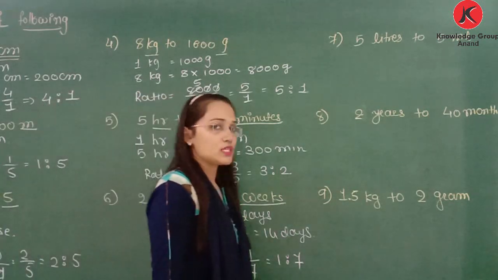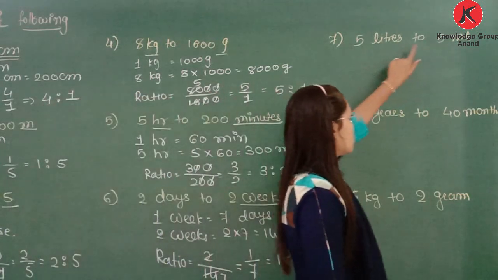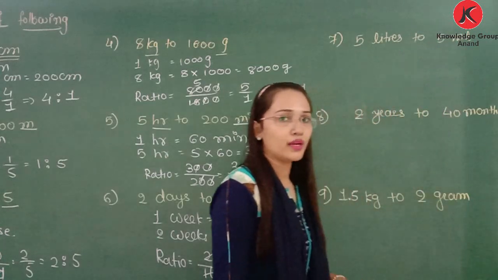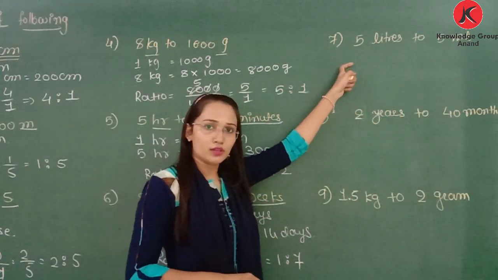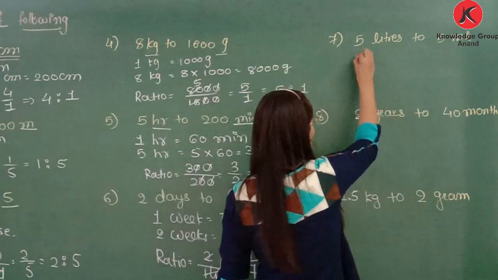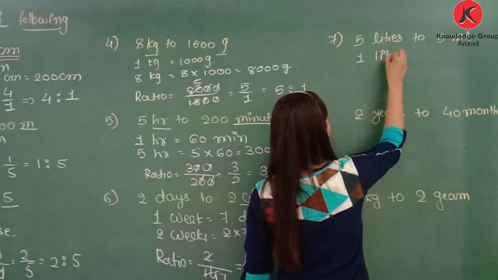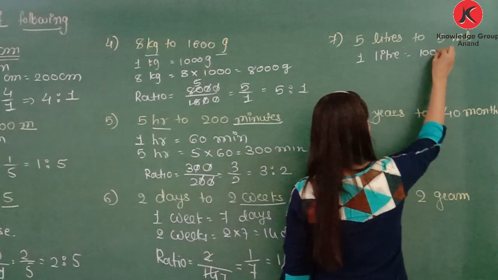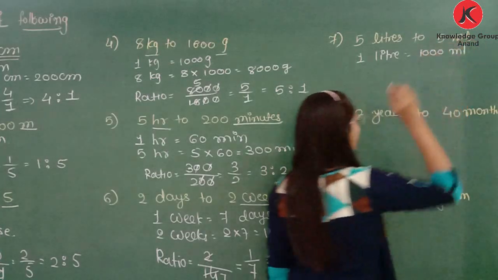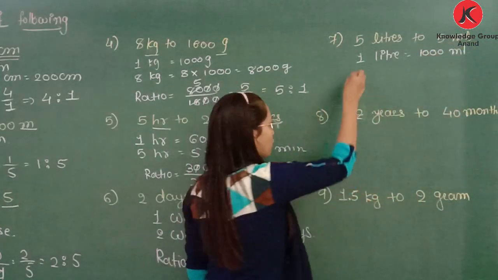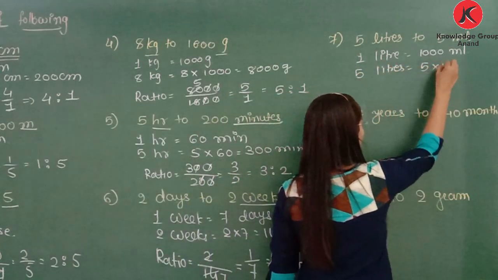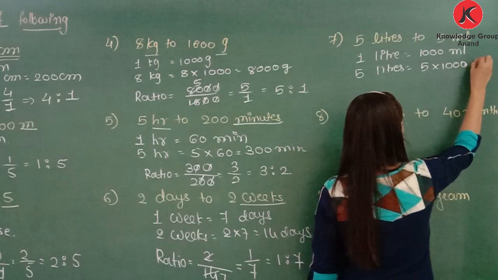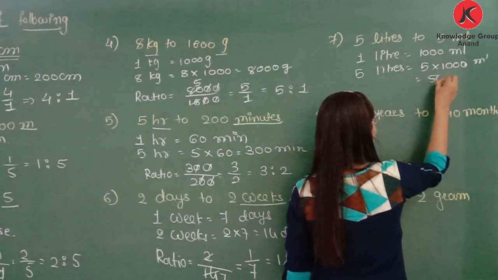Clear? Now next one, 5 liters to 5 ml. Now 1 liter is equal to 1000 ml. So we can write 1 liter is equal to 1000 ml. Here we have 5 liters, so 5 liters is equal to 5 into 1000 ml, that is 5000 ml.